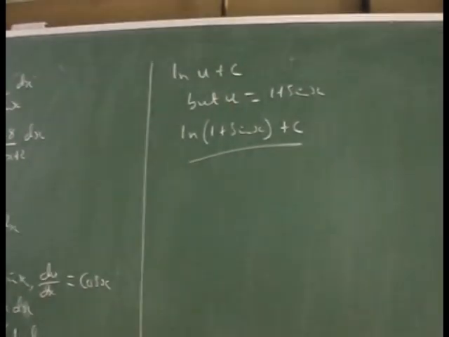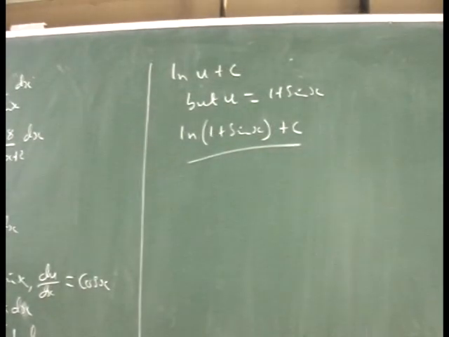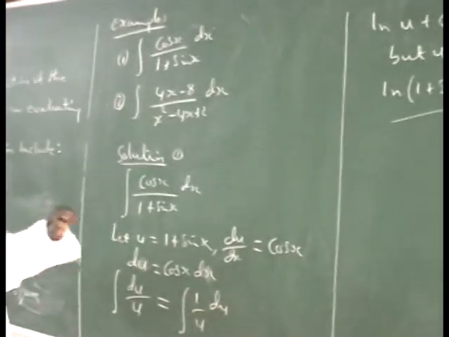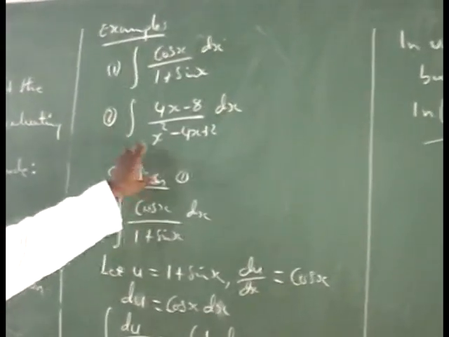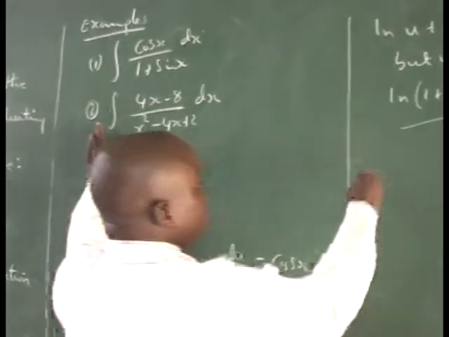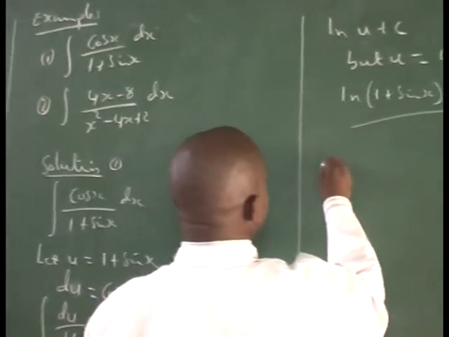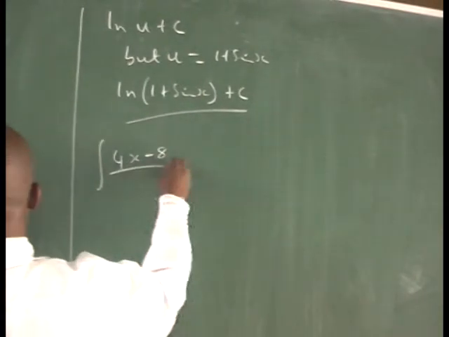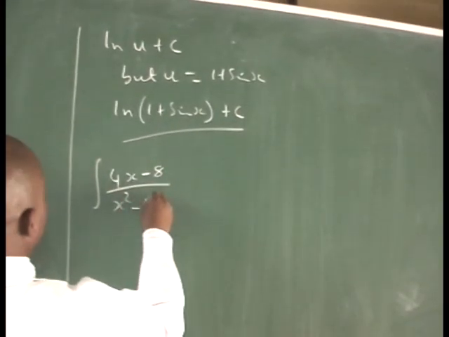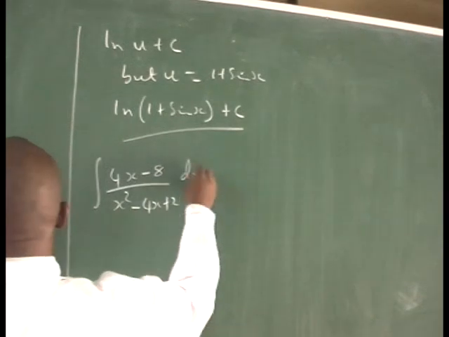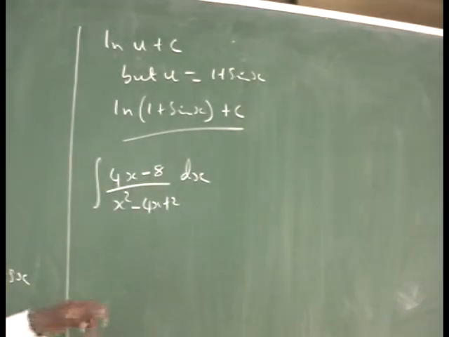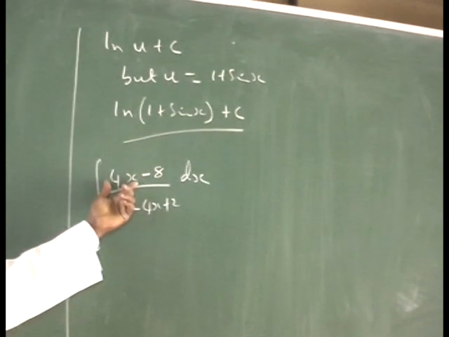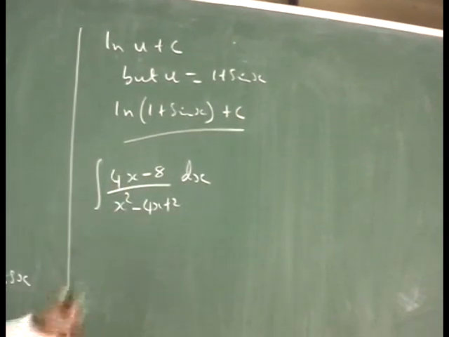That becomes the integration. So when you are given a rational function, you look at it first, whether the numerator is the derivative of the denominator. Now let's pick 2. Look at this 2: integral 4x minus 8 all over x squared minus 4x plus 2 dx. Is the numerator the derivative of the denominator?